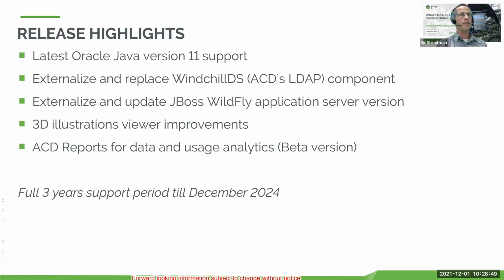We also externalize and replace the Windchill DS, the Arbortext Content Delivery LDAP component that's reaching end of life. We also externalize the JBoss WildFly application server component, and introduced some additional improvements and updates around the 3D illustration viewer, as well as a new powerful data analytics tool, at this point as a beta version.